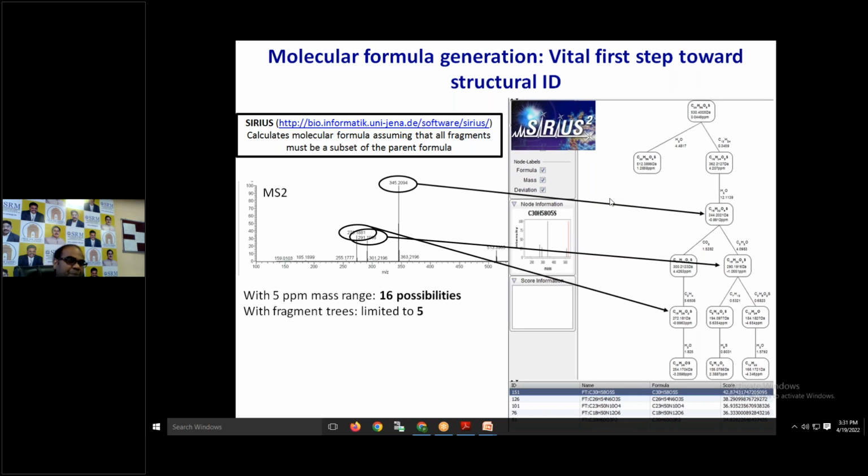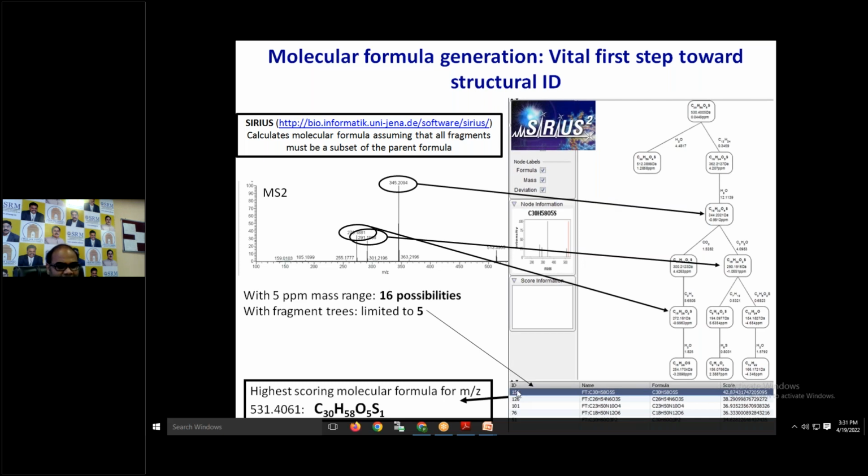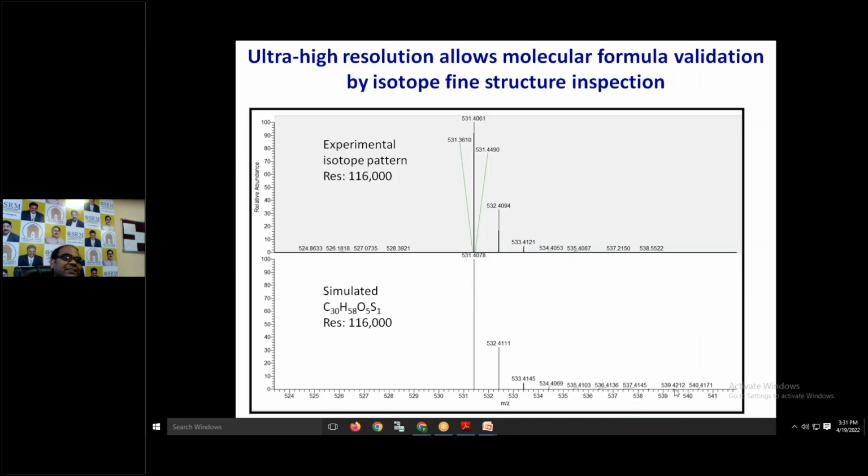This is paid software. By using this, we are able to identify. As you can see here, ID 151, when they put it into SIRIUS software, they get the compound O5S. Depending upon that, they are able to identify the exact molecular formula of the parent contaminant from which that particular contaminant is formed.